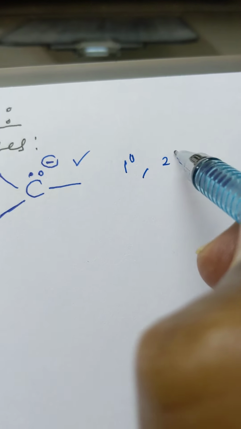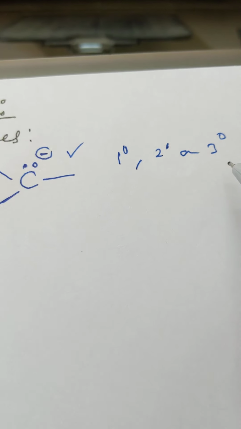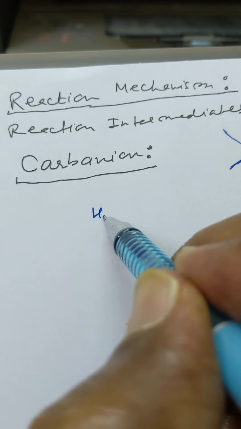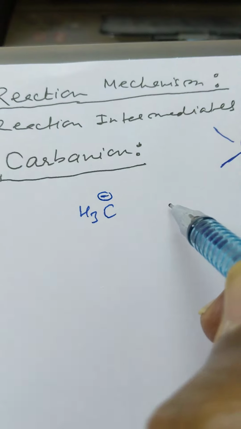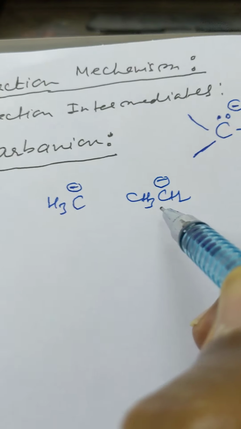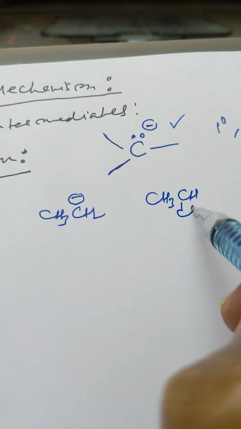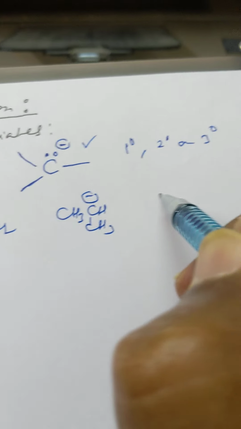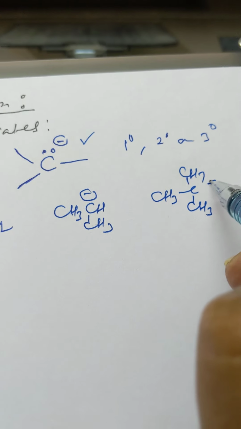Now carbanion can again be primary, secondary or tertiary depending upon the nature of carbon atom bearing negative charge. For example, see, I am writing directly, say CH3, and say we are having CH3CH2, this methyl carbanion, ethyl carbanion, and say we have isopropyl carbanion, and say we have, as the name suggests, tertiary butyl carbanion.